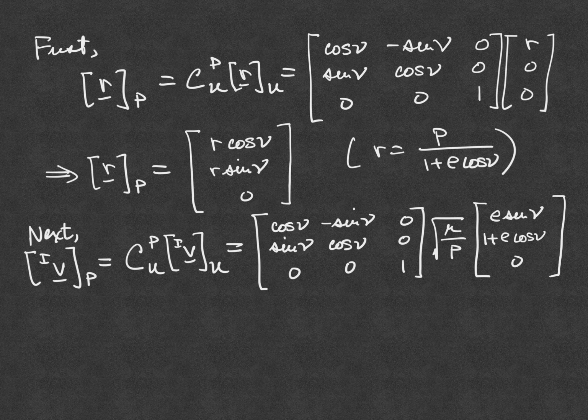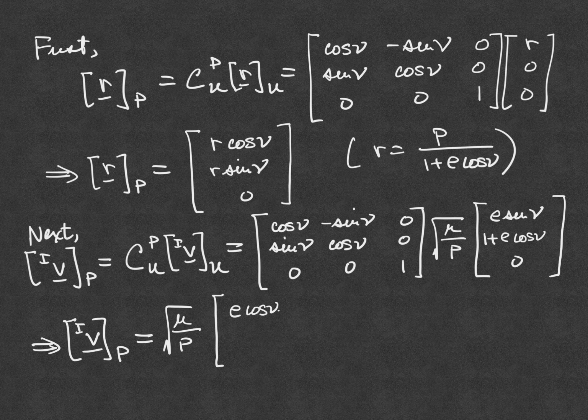So let's multiply this out, and we get the inertial velocity expressed in p. The square root of mu over p comes out because it's a scalar in front. So we're left with, well, we have cosine of nu times e sine of nu, so we've got e cosine of nu sine of nu, and then minus the sine of nu times 1 plus e cosine of nu.